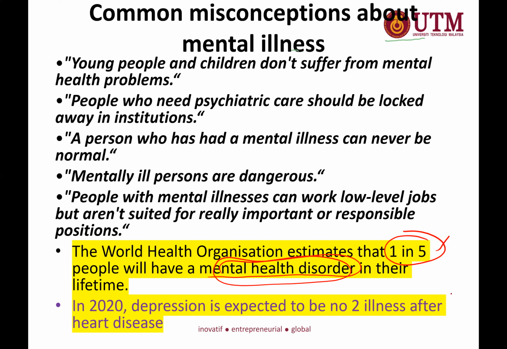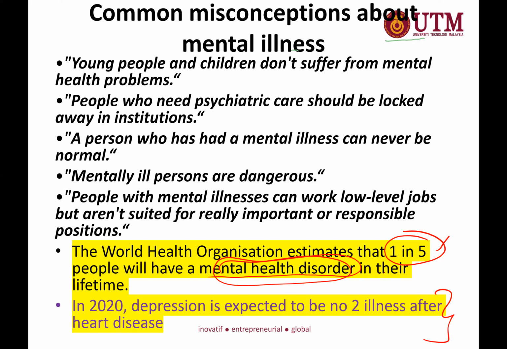And in Malaysia, this year, because this statistic has been there for a few years before this, in 2020 or now, depression is expected to be the number 2 illness. Prior to this, we never heard depression as one of the top 10 even.